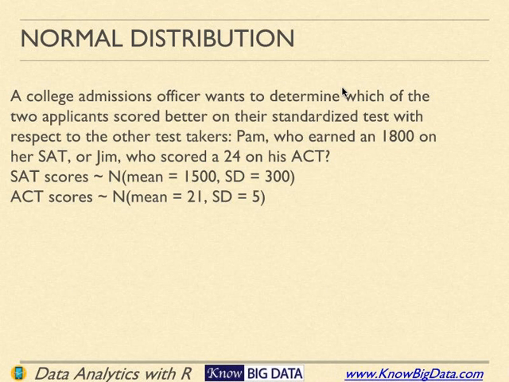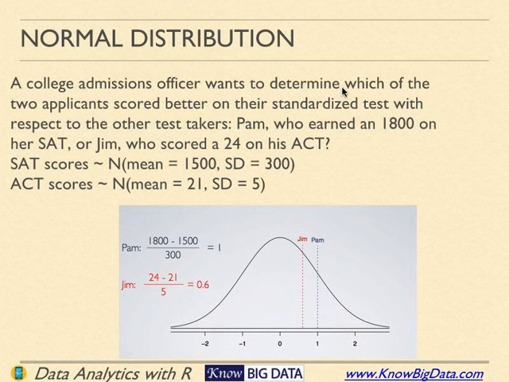There are two kinds of tests: one is the SAT, the other is the ACT. Pam took the SAT, and Jim took the ACT. It's like saying I appeared for GMAT and you are appearing for CAT, and I want to compare my score against yours.